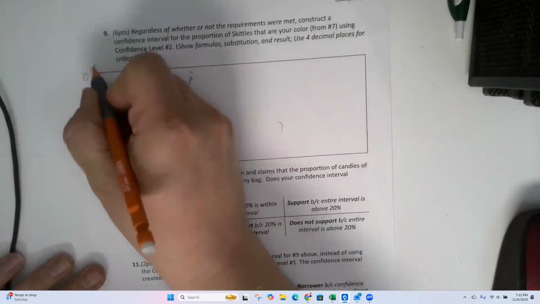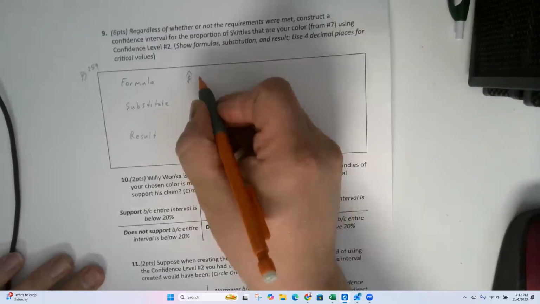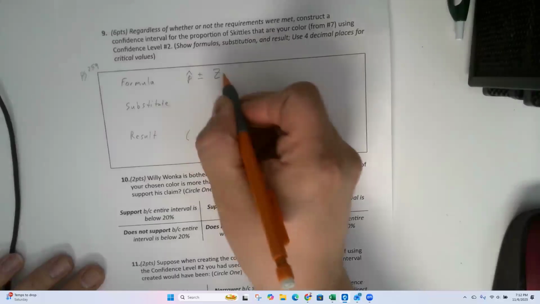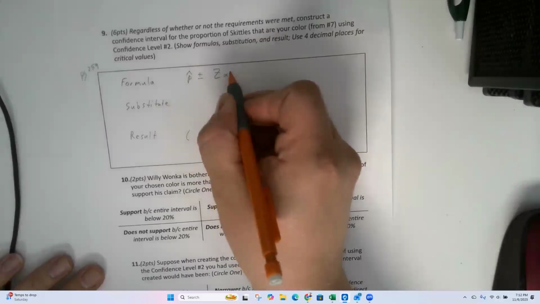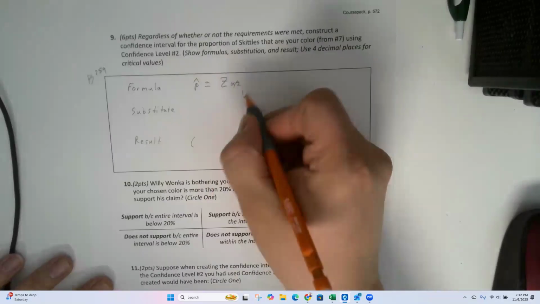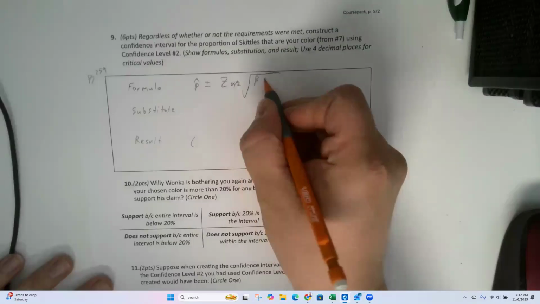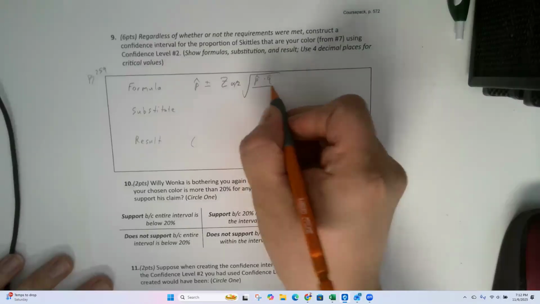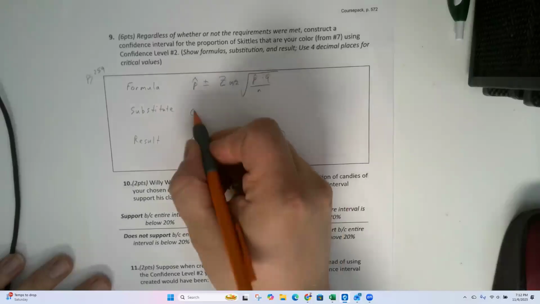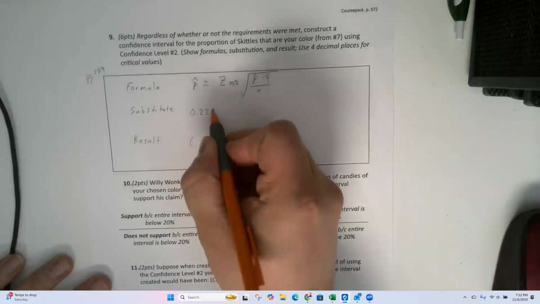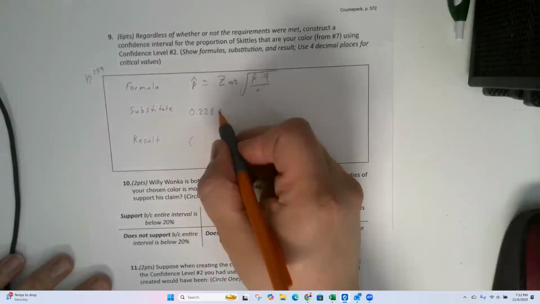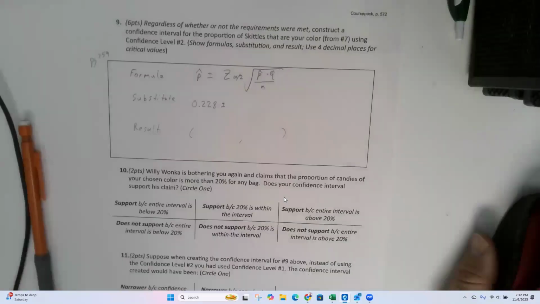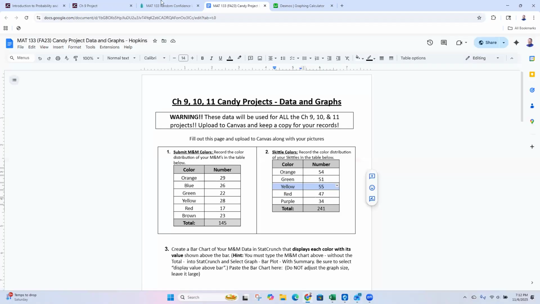Page 259. p hat plus or minus z alpha over 2 times the square root of p hat q hat over n. All right, so my z alpha over 2. This time I'm going to do it in StatCrunch.